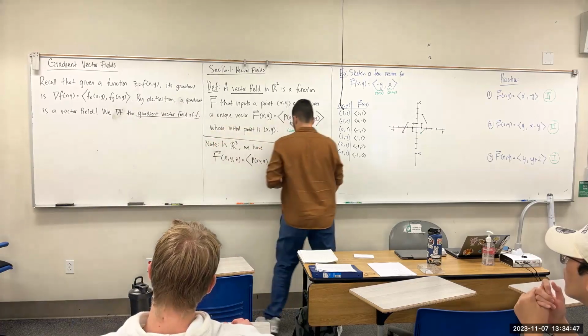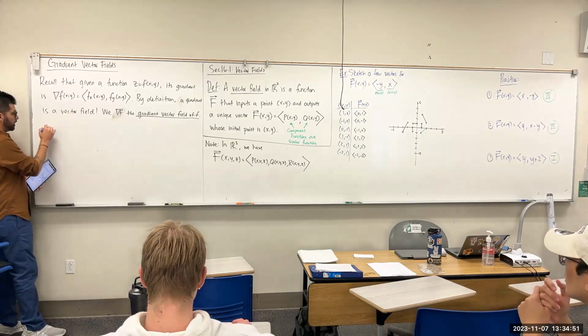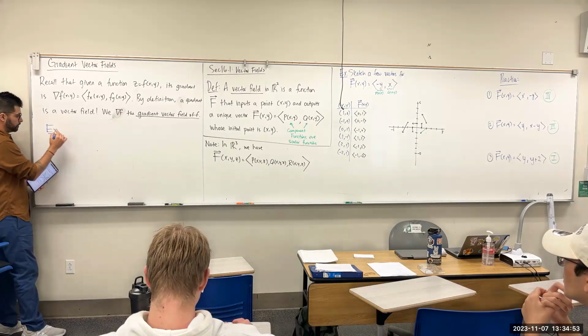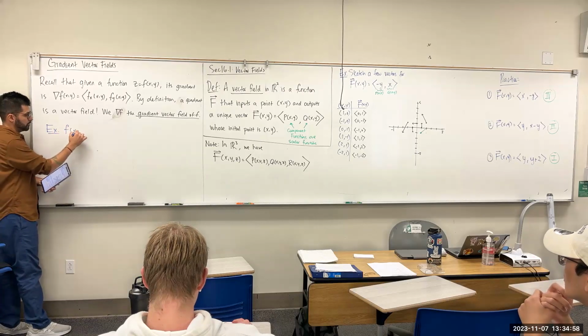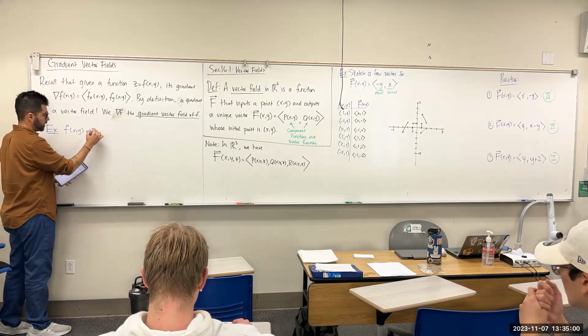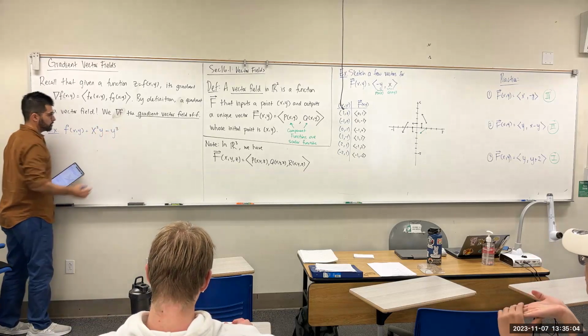So this part's kind of hard because I don't want to sketch too many vectors, but if we look at this function, it's like x squared y minus y cubed, consider a polynomial, like cubic.